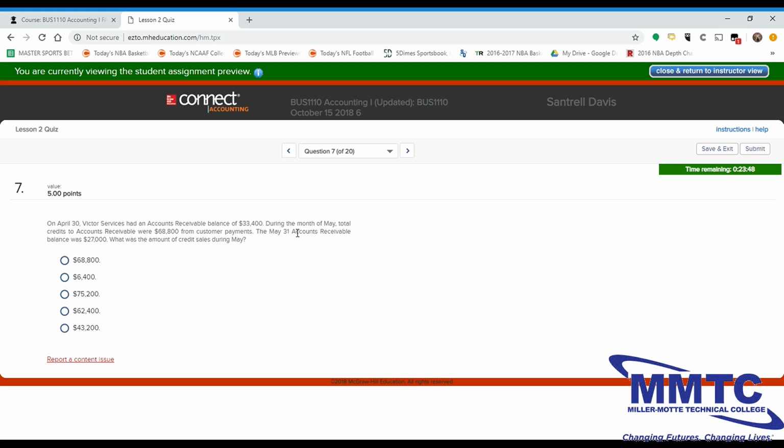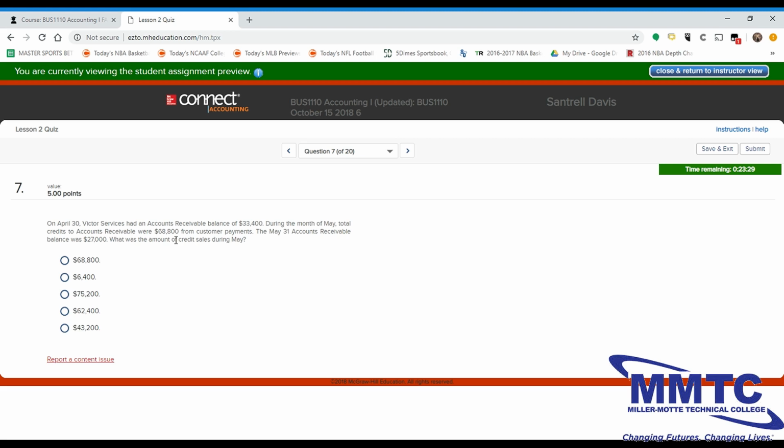The May 31st accounts receivable balance was $27,000, the ending balance. What was the amount of credit sales during May? How many sales did we have during the month?